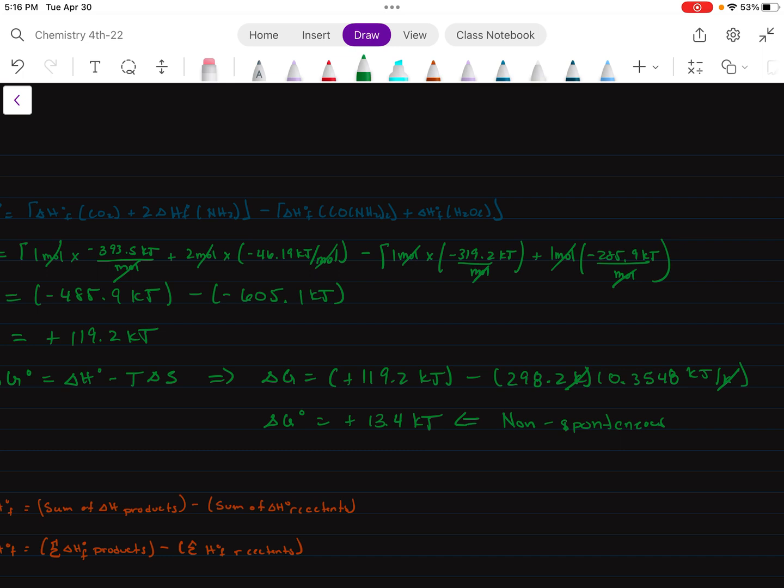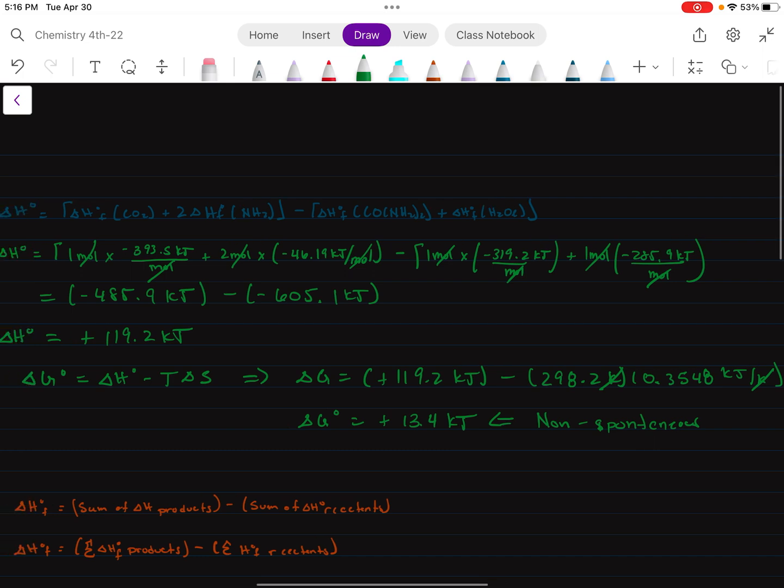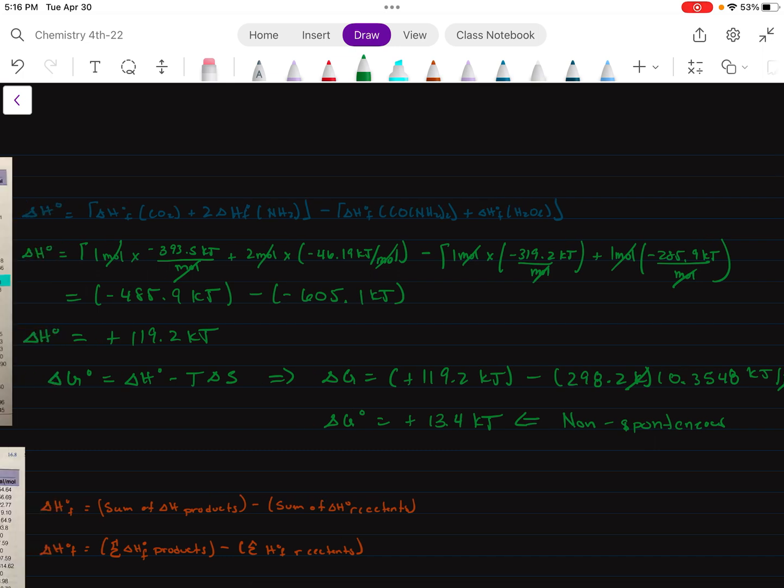And that's it. That's how it works. If you need to use a value of delta H, you're either going to be provided a table or the actual number. Overall, it's a matter of just plugging in the numbers and simplifying down to the final number.